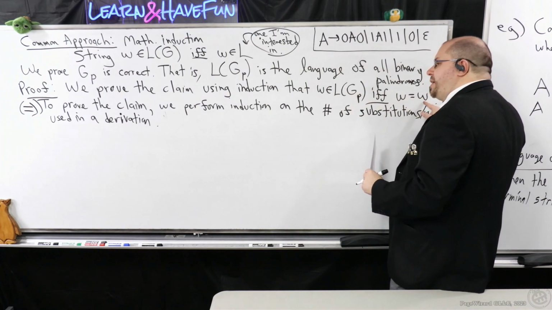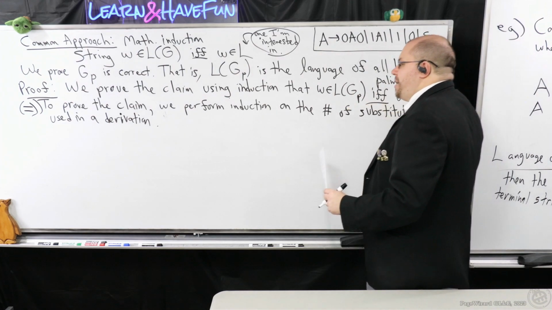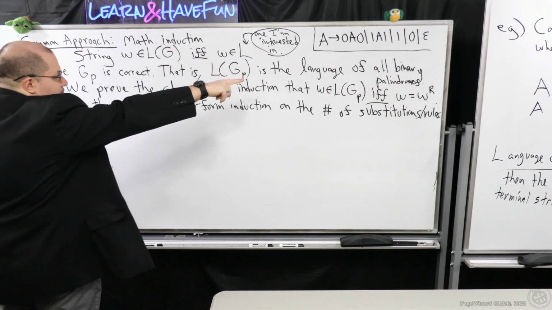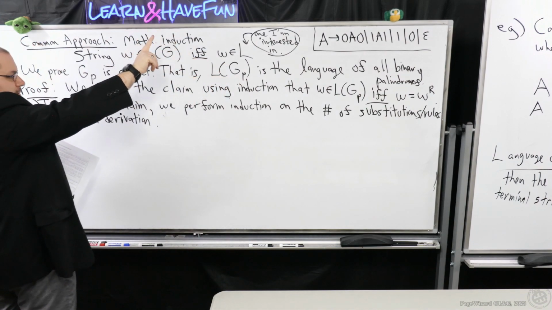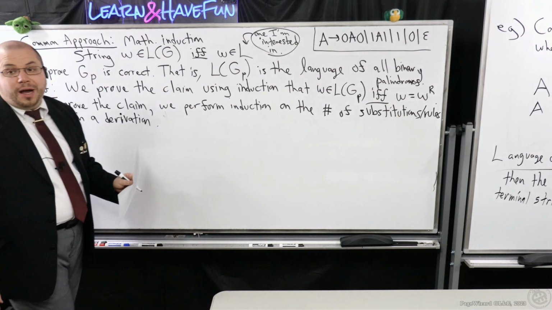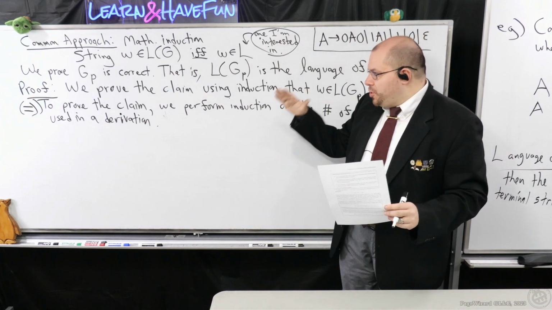I'm going to try proving that to you. Then we'll prove the other part of the claim. That is, if I give you a palindrome over the binary alphabet, then it is in fact one that gets generated by this grammar. So does everybody understand the game plan? I'm going to prove each part separately.